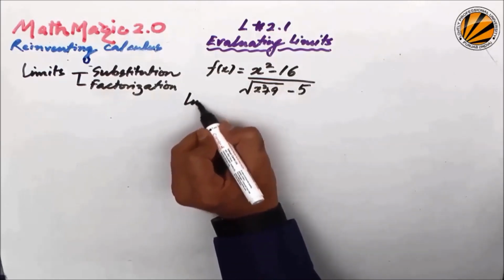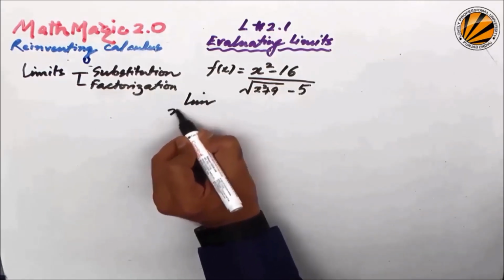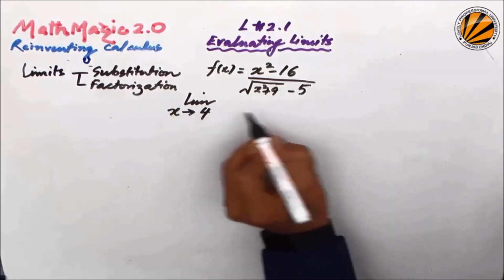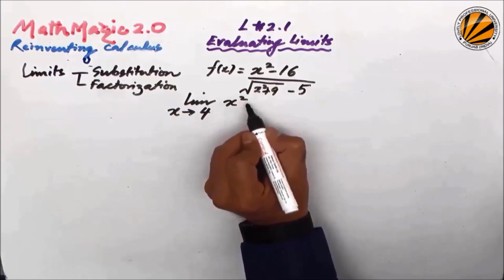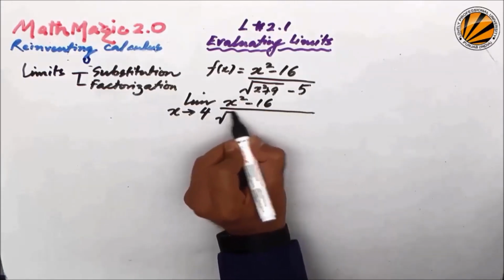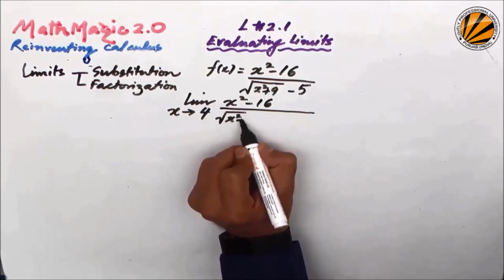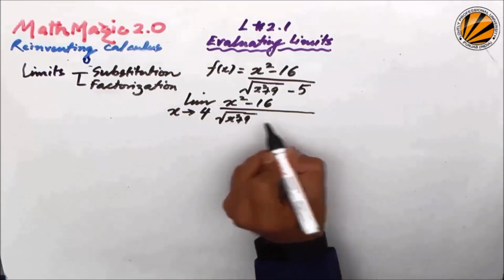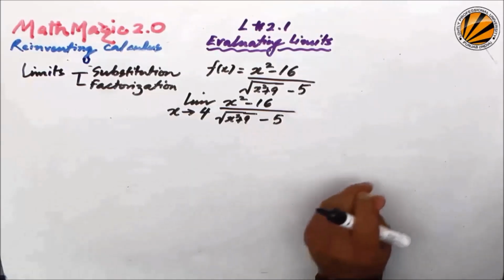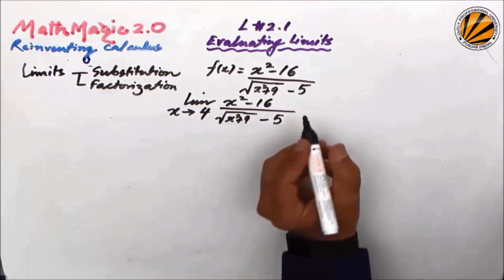Now if I wish to evaluate the limit as x approaches 4 for this function, it cannot be done like this. So how do I do that?